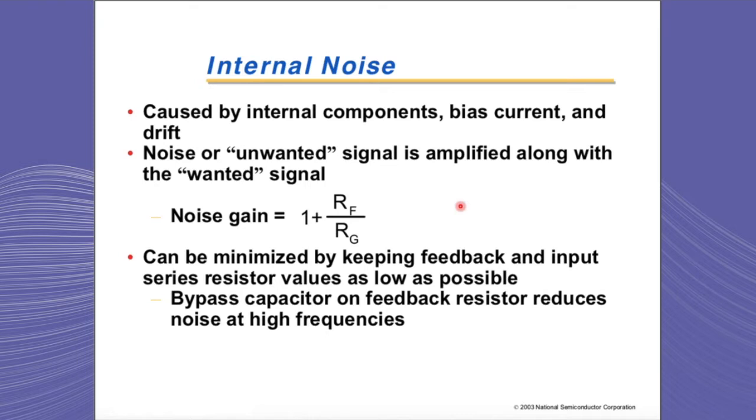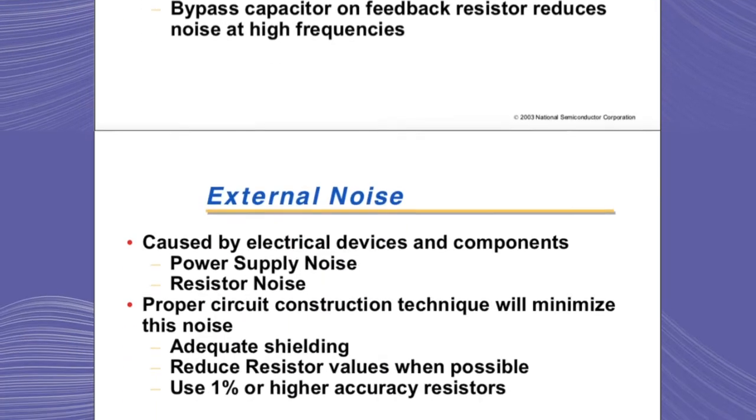There are certain ways that we minimize the amount of noise. One is by keeping the feedback resistors as low as we possibly can, and also we can use bypass capacitors in parallel with the feedback resistor at higher frequencies.